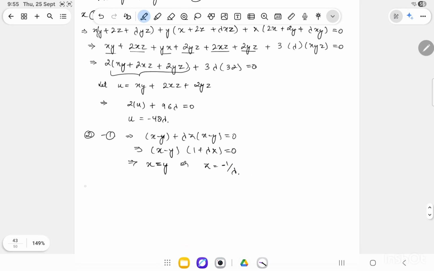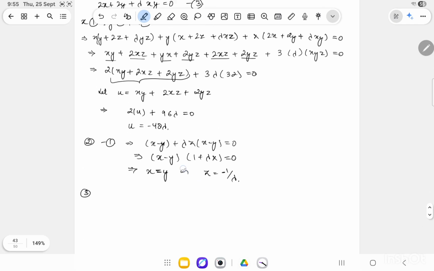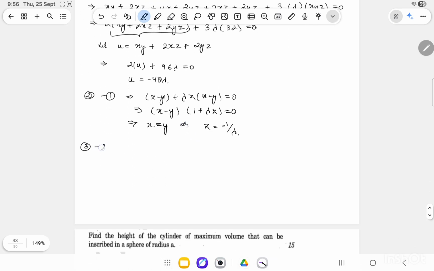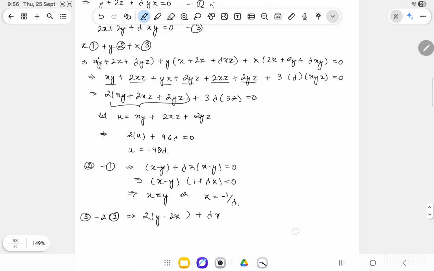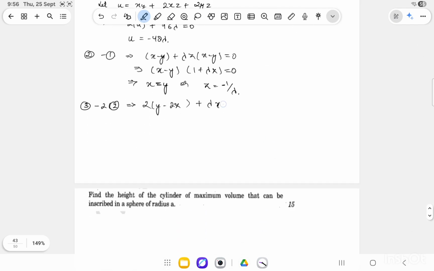Likewise, if I subtract 2 times equation 2 from 3, that is minus 2 times 2, that will basically give me (y minus 2z) into 2 plus lambda x into (y minus 2z) equals 0.